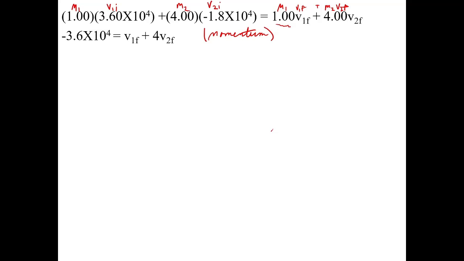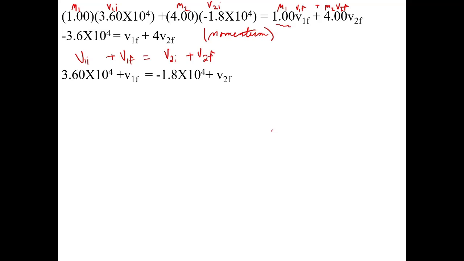So now let's take a look at kinetic energy. Remember, for kinetic energy, it's V1 initial plus V1 final is equal to V2 initial plus V2 final. It's a really long derivation, but we really only care about that equation, that result. And again, that's for kinetic energy conservation.